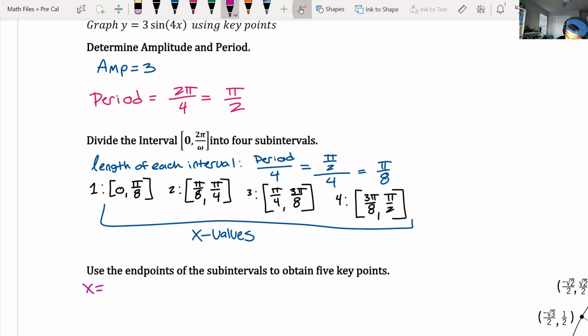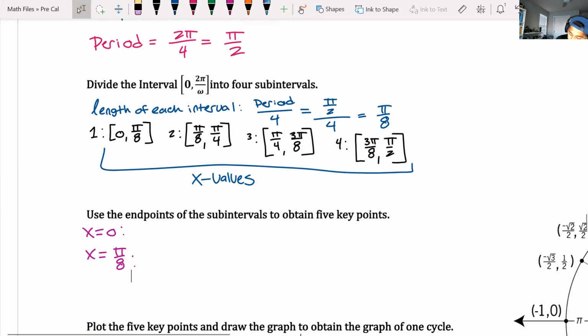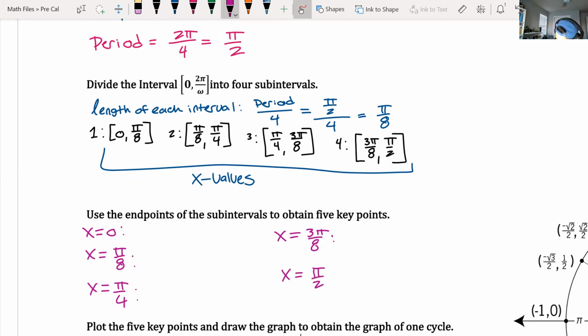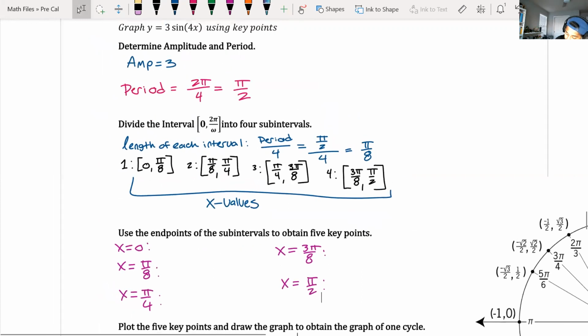So you're going to have x equals 0, x equals pi over 8, x equals pi over 4, x equals 3 pi over 8, and x equals pi over 2. So we're plugging these into that function.